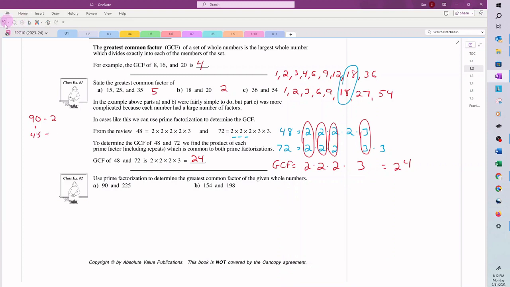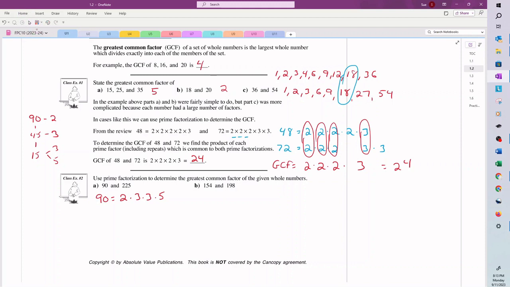I'm going to follow my rule of doing the smallest factor possible so that these end up in order. It just saves work later on. So 45 divided by 3 is 15, and that is 3 times 5. So 90 equals 2 times 3 times 3 times 5.